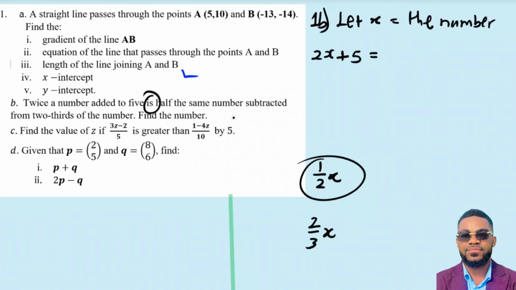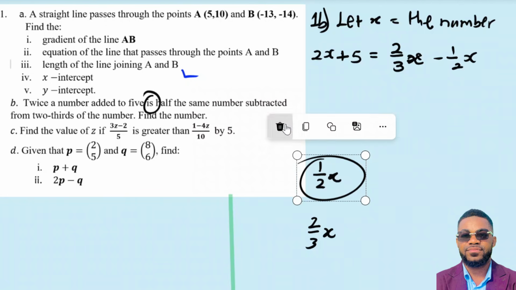That is what the statement is trying to say here. So I'm going to get 2 out of 3 x minus 1 out of 2 x. That is what we mean by half the number subtracted from 2/3 the number. From this point, we have an equation.